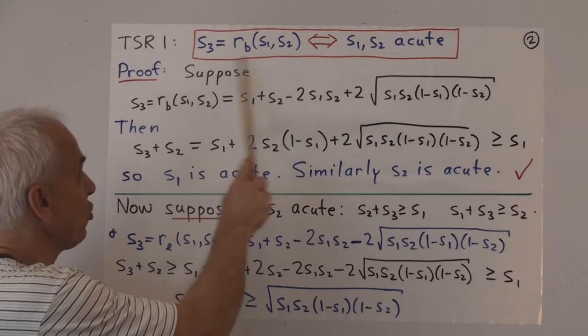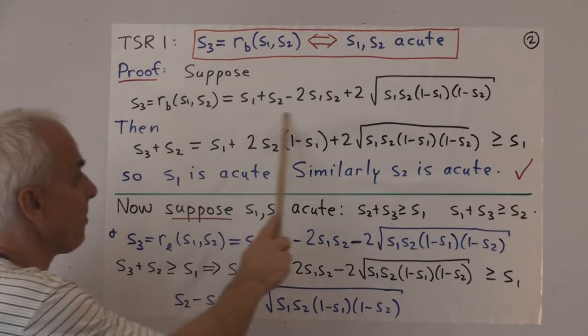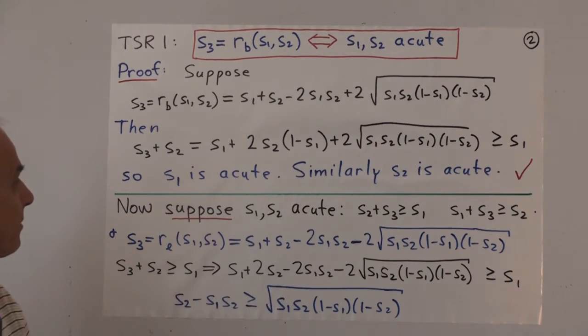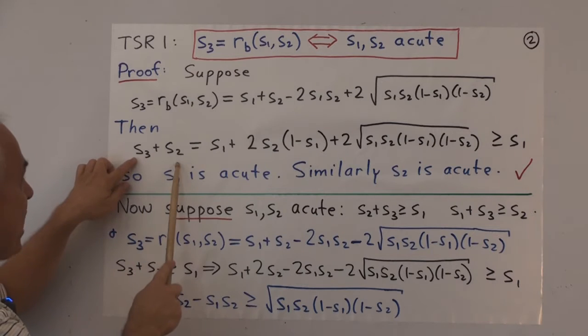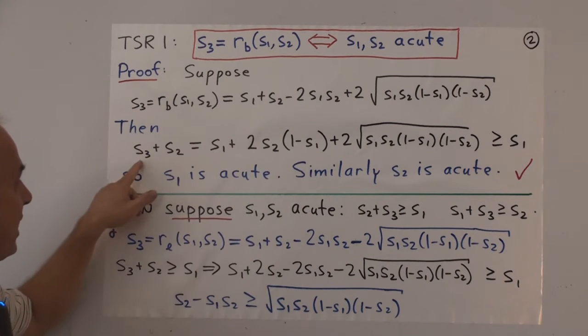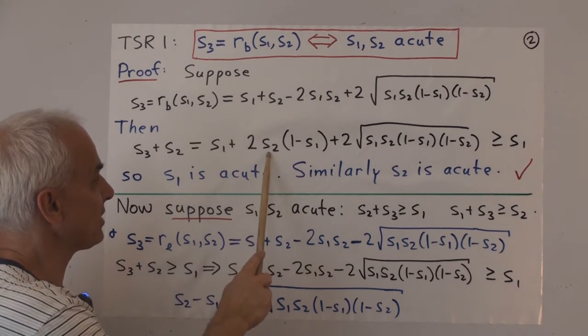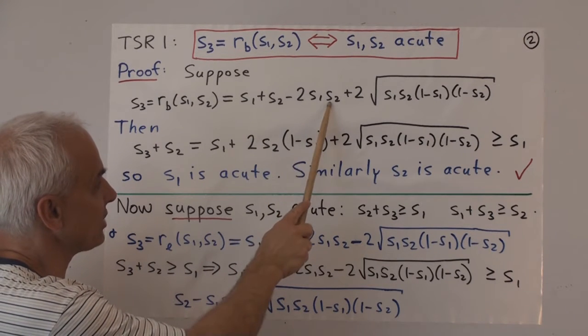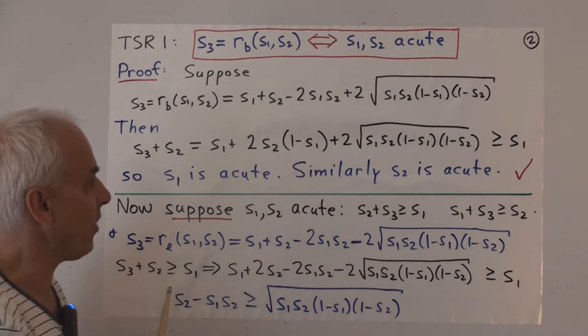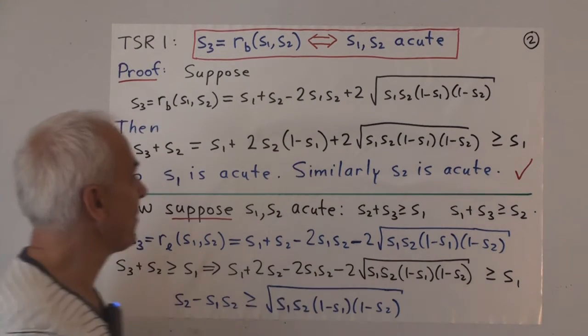So first we're going to assume this, that S3 is given by this big solution. Then if we add S2 to both sides, we get S3 plus S2 is S1 plus 2 of these, and there's also a 2S2 here, so we factor it as 1 minus S1 plus 2 times this.